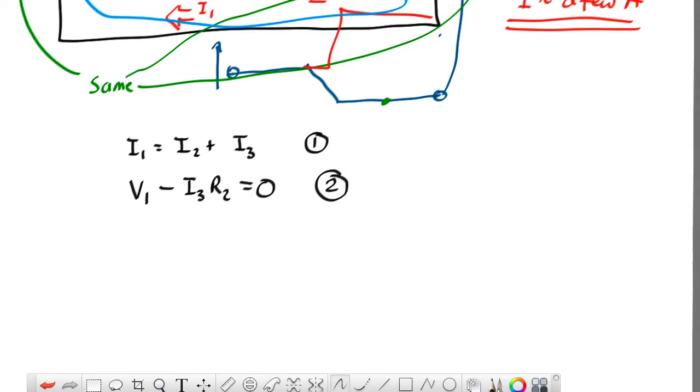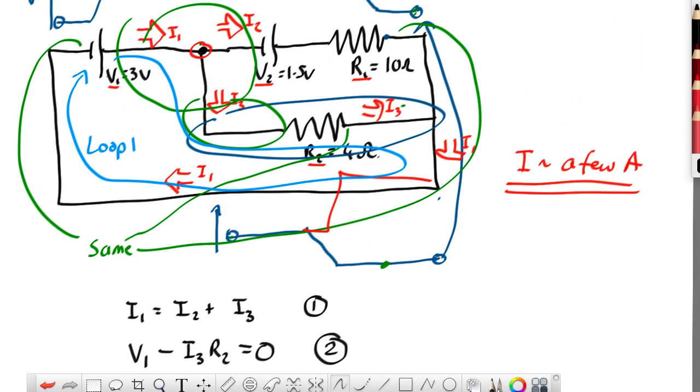How about our third loop? There are two other possible loops we could use. We could go all the way around the outside, or we can go around this little loop in the middle here. Let's go all the way around the outside. We'll call that our loop 2. So in this case, we're going to go up by 3 volts here, up by another 1.5 volts there, down by I2R1 there, and then the rest is wires, and so no change.